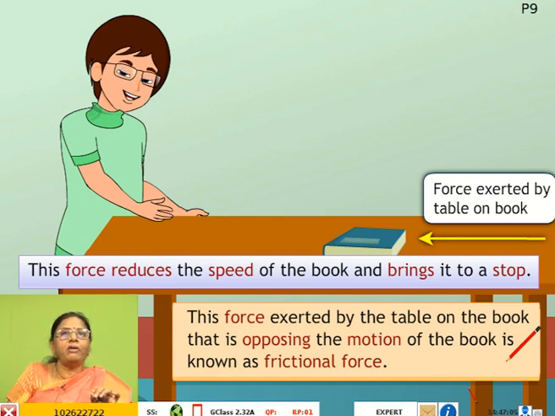Since it is opposing the motion of the book, this force must act in a direction opposite to the direction in which the book is moving, or in general, the friction force acts in a direction opposite to the direction in which the object moves.